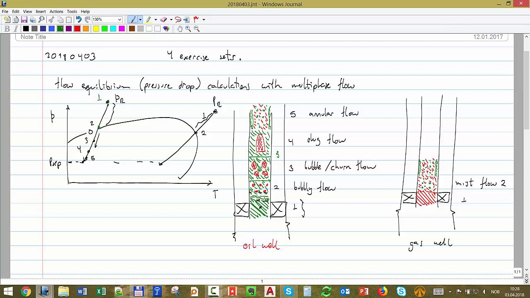And then this liquid will start getting like some blobs. You have some sort of a churn type flow. Okay, and then ultimately you get exactly the same pattern that you had, which is a slug.